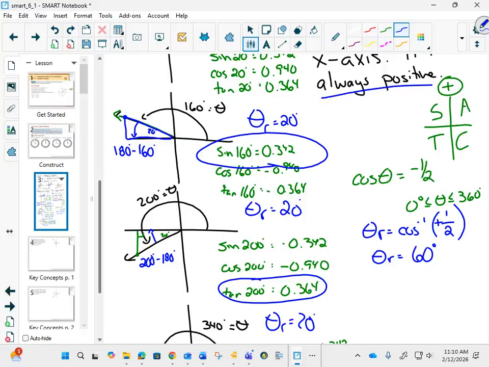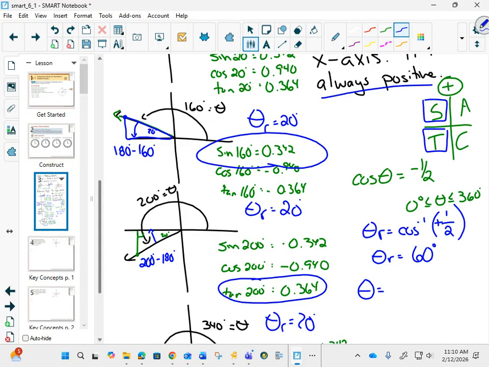Then we would say, but cos of theta was negative. So according to my CAST rule, I'm looking for an answer either in quadrant 2 or in quadrant 4, because those are the two places that cos is negative. If I used my reference angle of 60, what's the answer in quadrant 2?